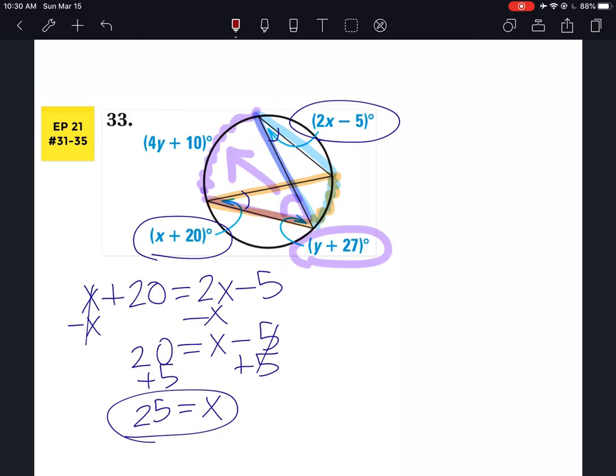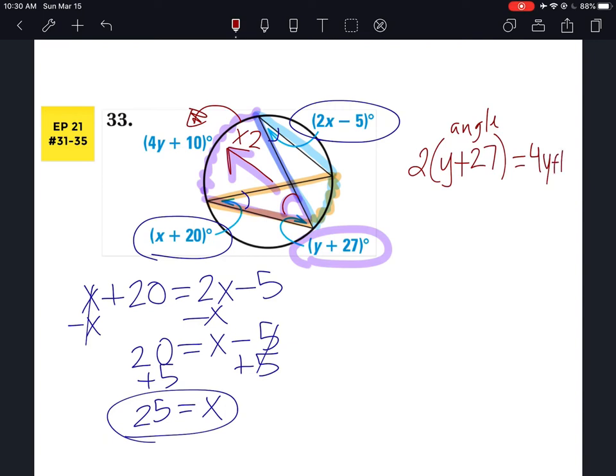In order to do this problem, I'm going to take this angle and multiply it by 2 in order to get that arc. So I'm going to say 2 times y plus 27. So 2 times the inscribed angle equals the arc, which is 4y plus 10, because that is the relationship.